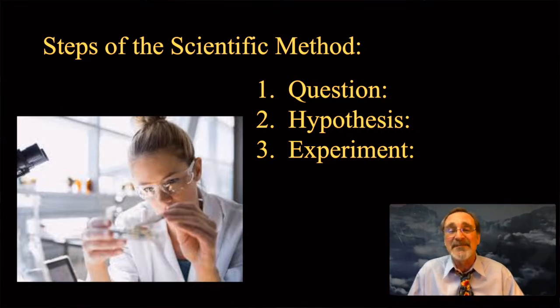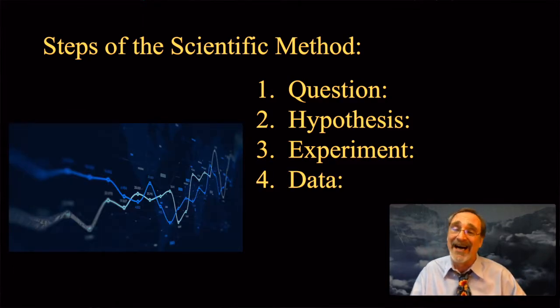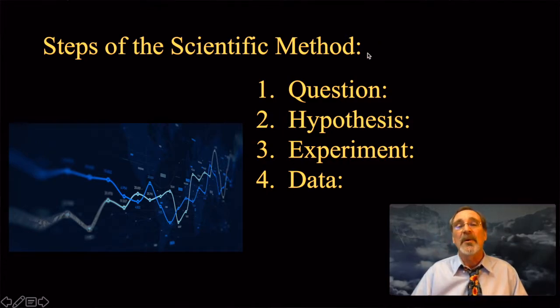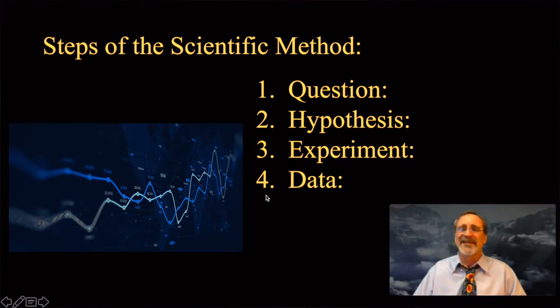So you come up with an experiment, and then you conduct the experiment and you make observations and you record your data. So you have question, hypothesis, experiment, data. Say that in cadence, it'll help you remember. Question, hypothesis, experiment, data. I like you guys to know the steps of the scientific method.